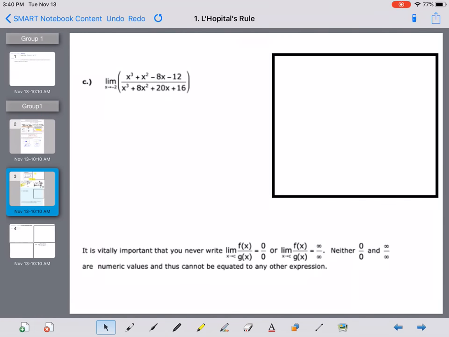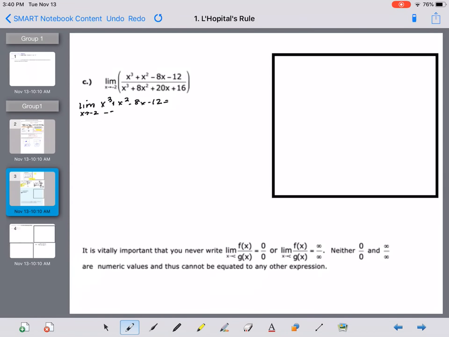Okay, let's look at another example. Okay, let's look at this one. You might want to write small, just a little bit of warning. So the first thing I want to do is take the limit as x approaches negative 2 of my numerator. Okay. And I want to verify. So I would get negative 8.